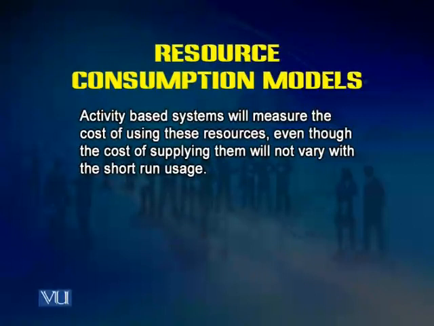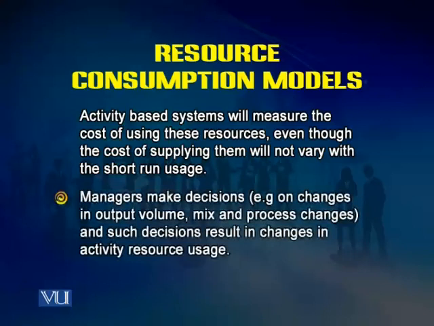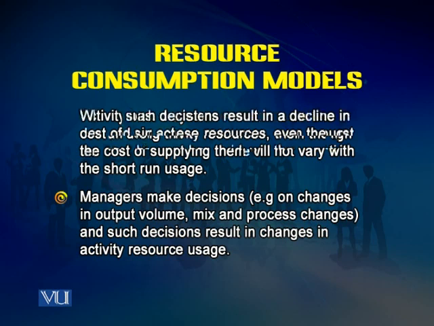Activity-based systems will measure the cost of using these resources, even though the cost of supplying them will not vary in the short run. Managers make decisions, for example, on changes in output volume, mix, and process changes, and such decisions result in changes in activity resources usage.